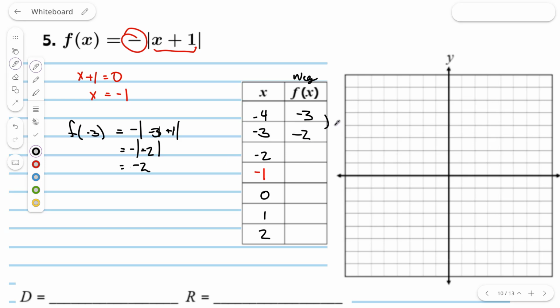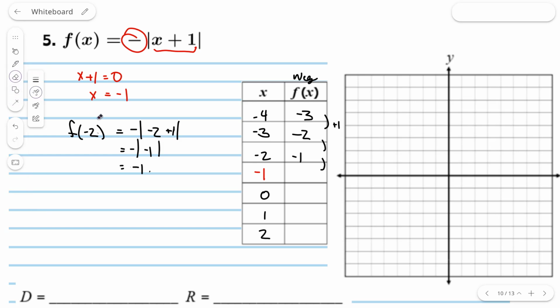So what I'm counting by, as I'm going over here, I'm going to be increasing by 1. So I should see that pattern continue on until I get to that vertex. And so here, if I plug in a -2, -2 plus 1 is -1. Absolute value of that is 1, so -1.